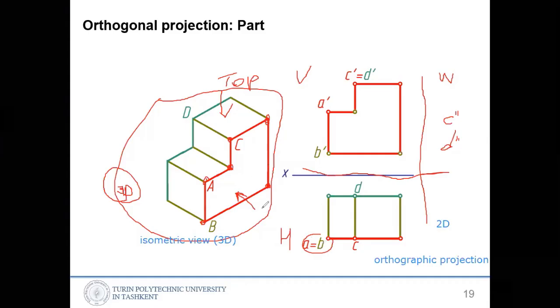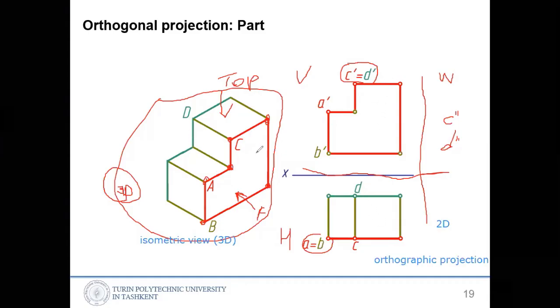And if you see from the front side, from the right side, C and D lie in one line, so that's why C dash and D dash are equal to each other. So A is here and B is here, and from the top is this. Okay, so C is here and D is behind, that is here.